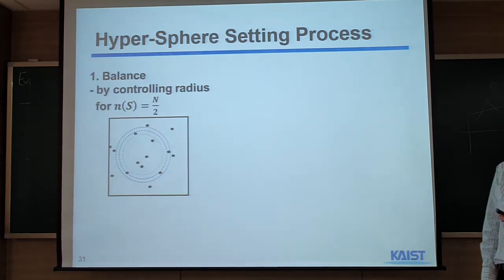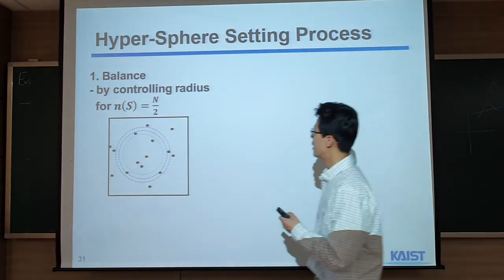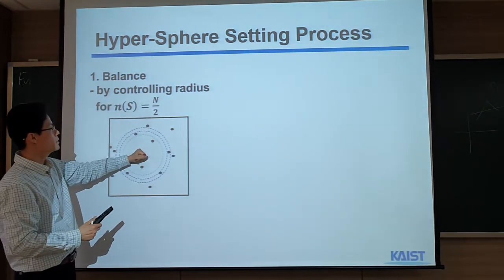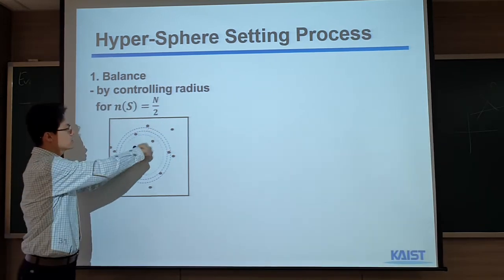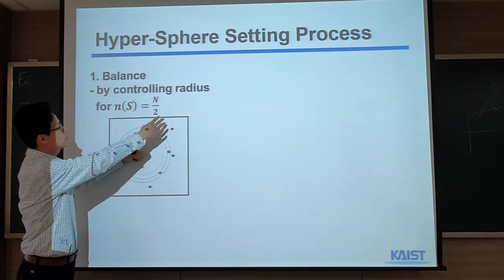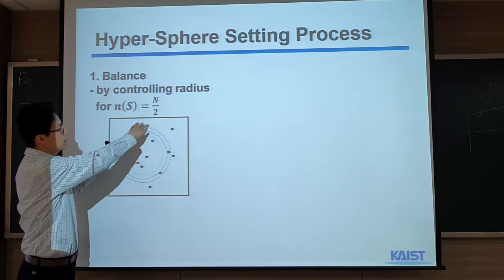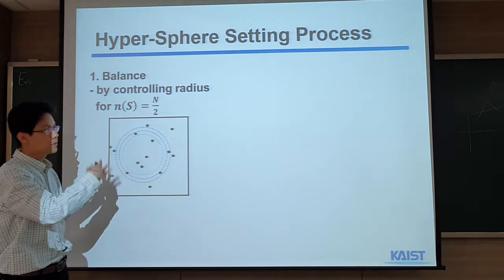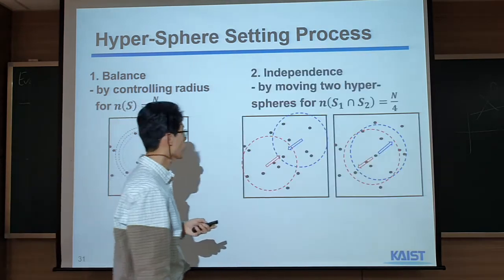And how can you compute the hypersphere? Once we set the center, we need to adjust the radius, in a way that the data within this hypersphere contains half of the data for balancedness.